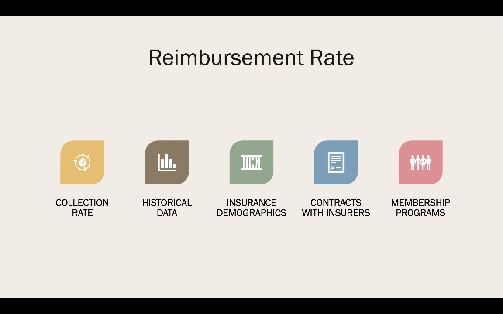Those contracts with insurers: if your organization is smaller, this isn't necessarily going to be applicable. If you're larger, this will be applicable. Larger organizations might have contracts with private insurers like Blue Cross Blue Shield, Aetna, or Cigna, and they might say your patient's copay is $200 for an ambulance ride, but just like our reimbursement rates with Medicare, maybe we can nail down a specific payment from the insurer.